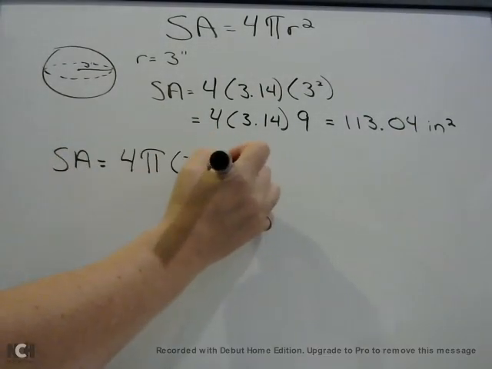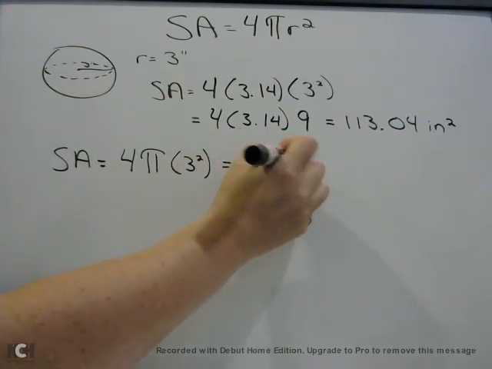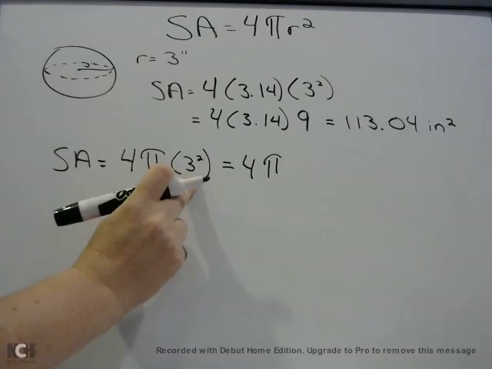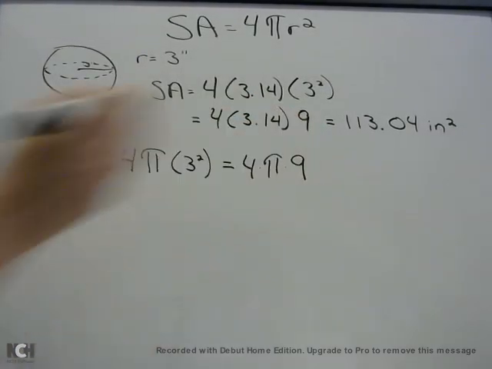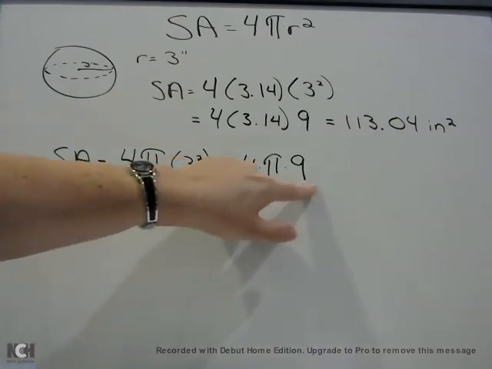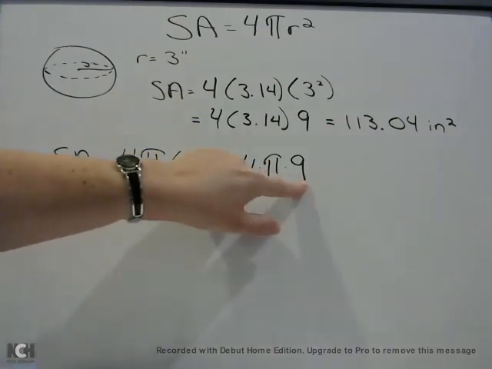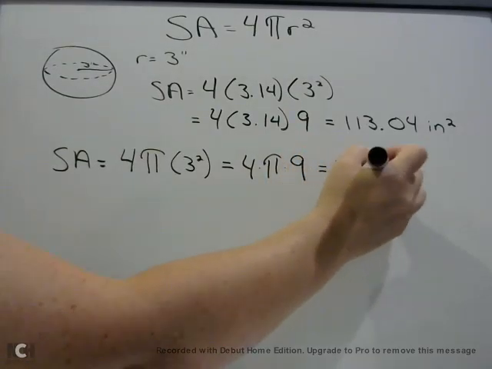Now, again, we have to do the exponent first. 4 times pi, 3 squared is 3 times 3 is 9. And these are all multiplied together, 4 times pi times 9. Remember, in multiplication, it doesn't matter which order you multiply things in. So we can multiply the two numbers together. 4 times 9 is 36 times pi.